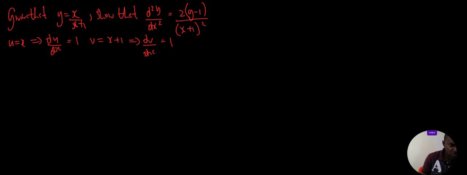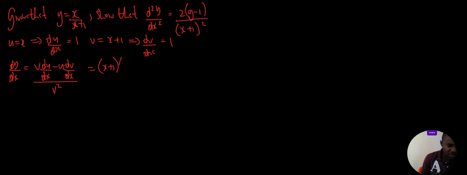By the quotient rule, dy by dx is equal to v times du by dx minus u dv by dx, all over v squared. And so this is going to give us v, which is x plus 1, times du by dx, which is 1, minus u, which is x, times dv by dx, which is also 1, all over x plus 1 squared.